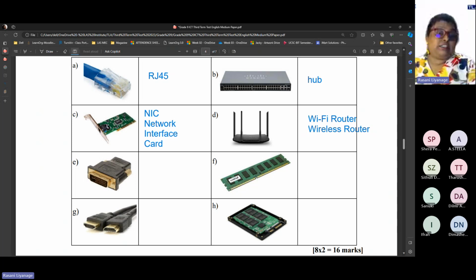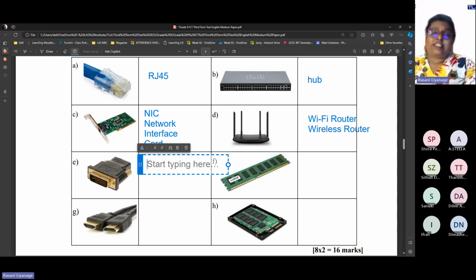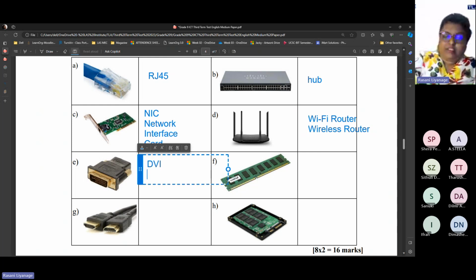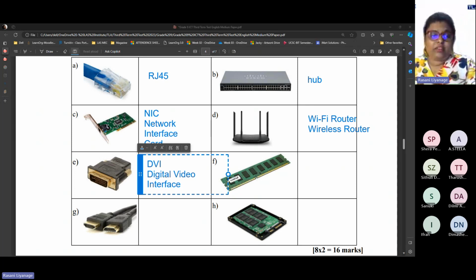This is DVI. This is a DVI jack. Port the jack the kiyala ඕනෙම නැහැ. DVI කියලා ලියන්න ඇති. Digital video interface. ඒ මතකේ හරිනම් that is DVI.